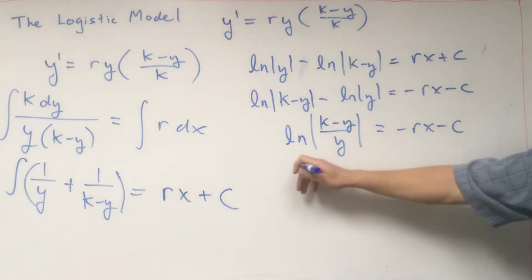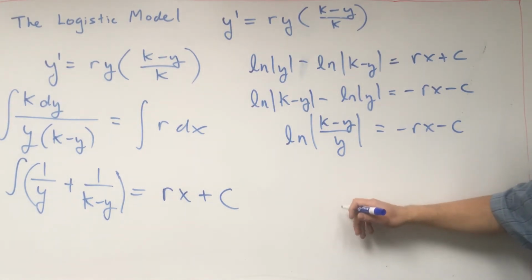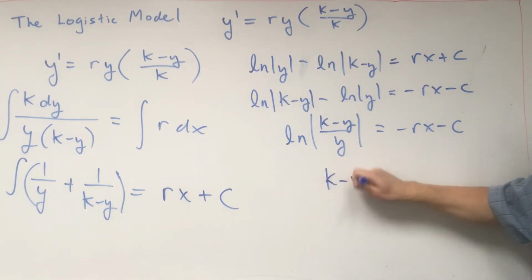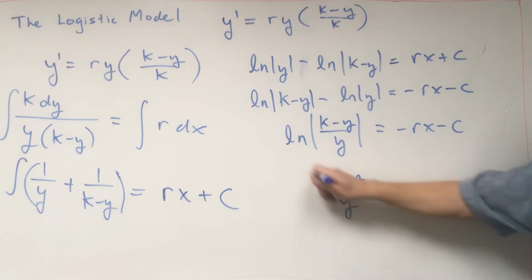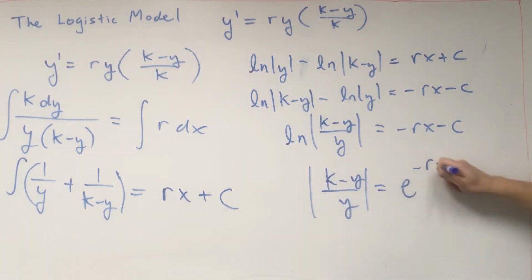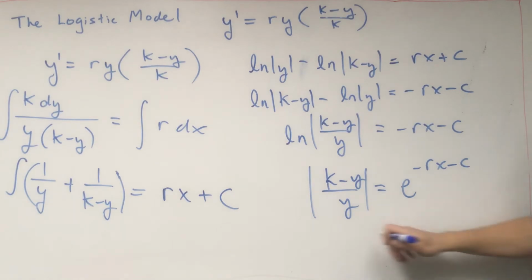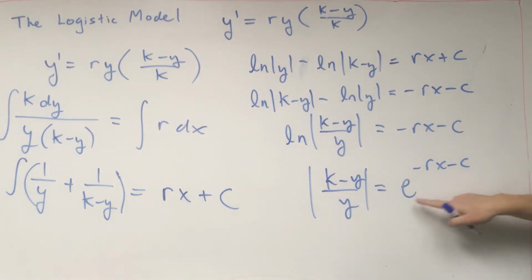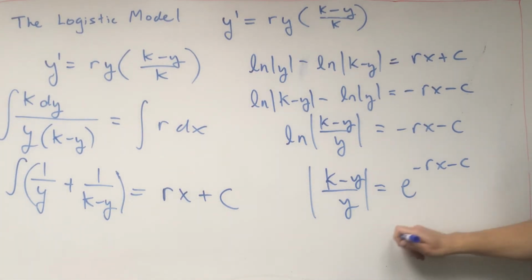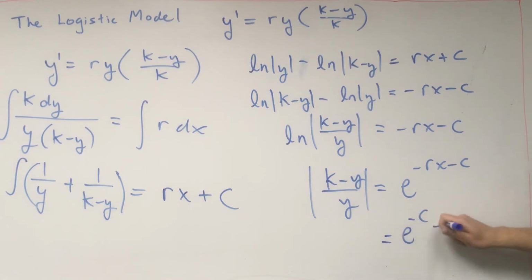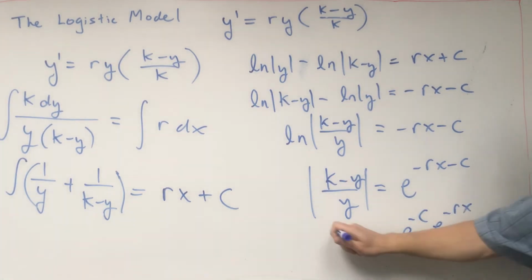As before, I'm going to raise both sides as an exponent on the number e. Now the e to the minus c, just as before, is just a nice constant.